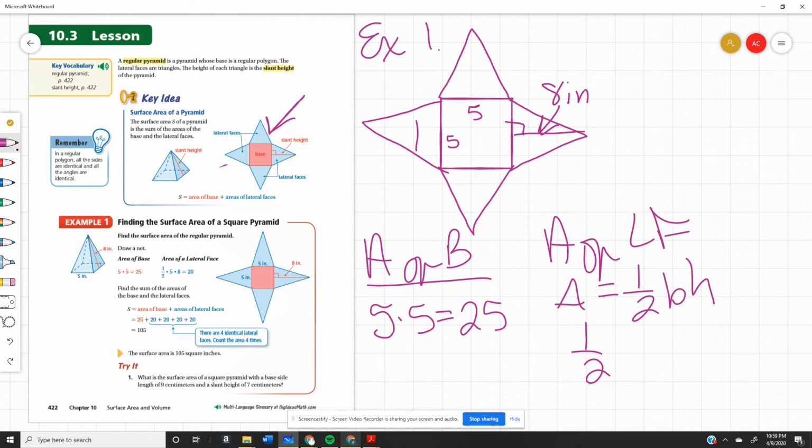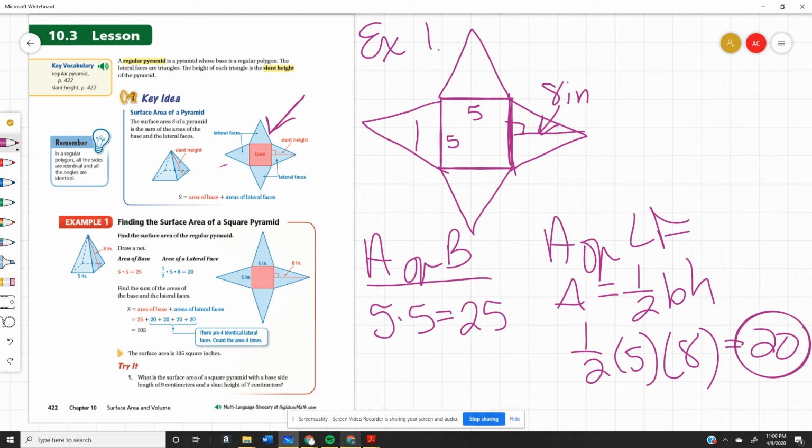The base of this triangle right here is 5, times height, which is 8. 5 times 8 is 40. Half of 40 is 20. That's the area of one of our faces. Now, how many faces of this pyramid do we have?